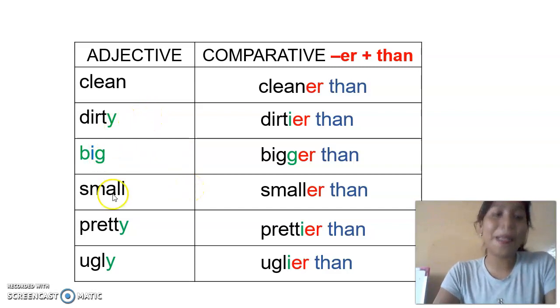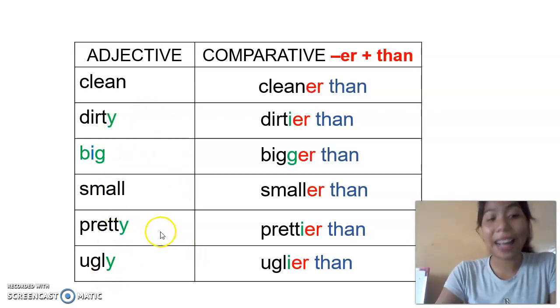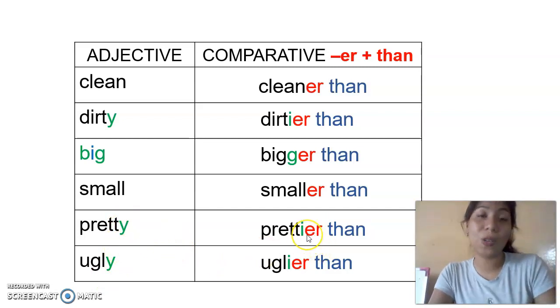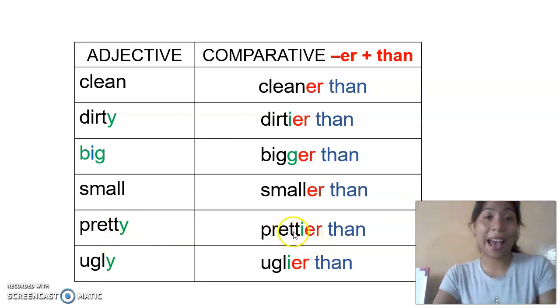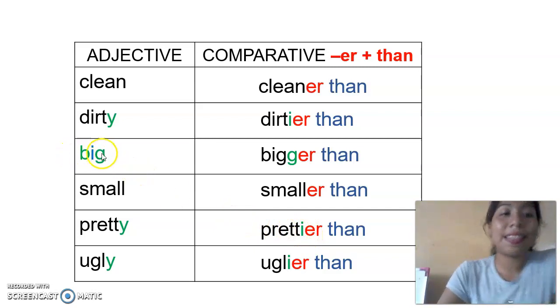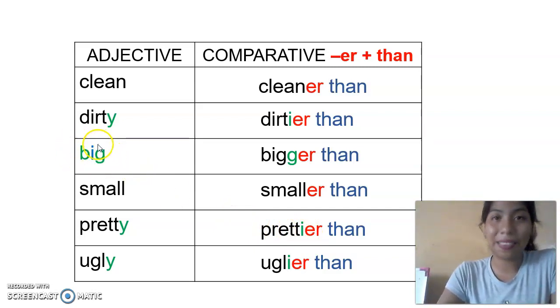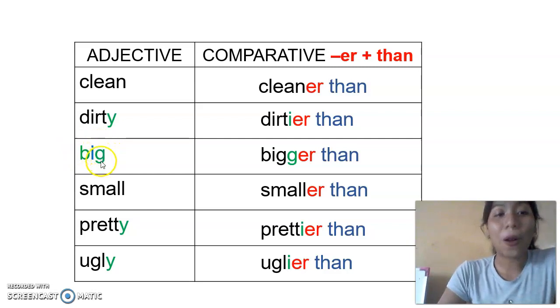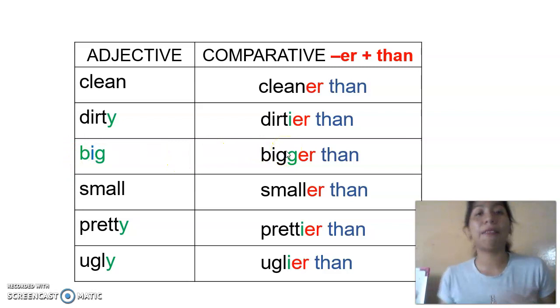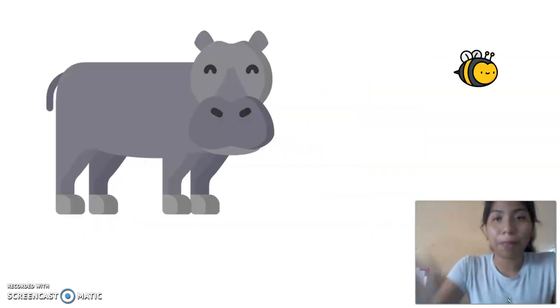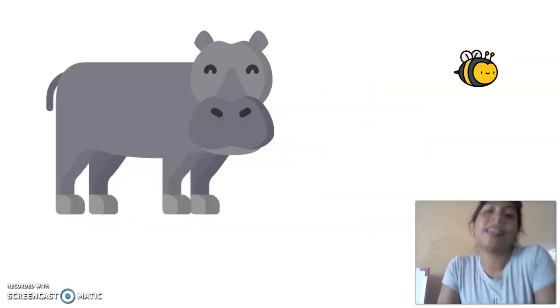Okay, dirty, pretty, and ugly. They finish with Y, so you change to I. And then we have the last case, the rule of consonant, vowel, consonant, where you have to duplicate the final consonant.